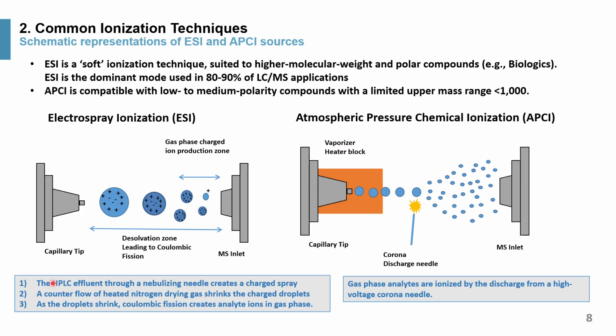And some description of the ESI process, where the HPLC effluent goes through a nebulizing process, which creates a charged spray, and a counterflow of heated nitrogen drying gas shrinks the charged droplets, and as the droplet shrinks, Coulombic repulsion creates analyte ions in the gas phase.